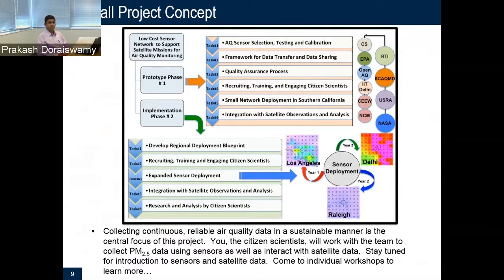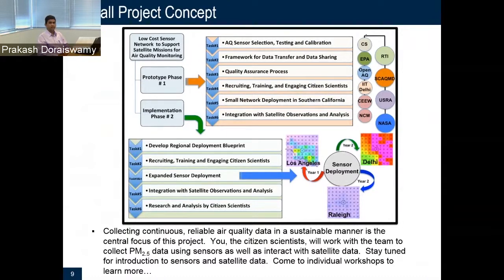In phase two, we will expand that preliminary deployment that was done in phase one to 3 regions: the Los Angeles Basin in Southern California, Raleigh, as well as Delhi, India.